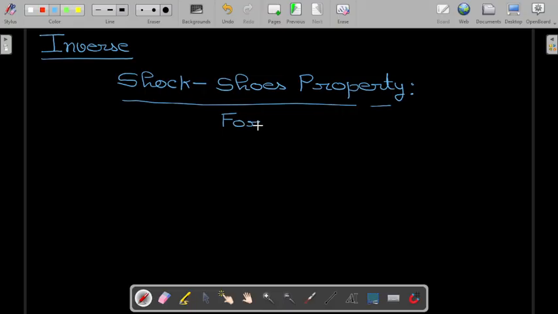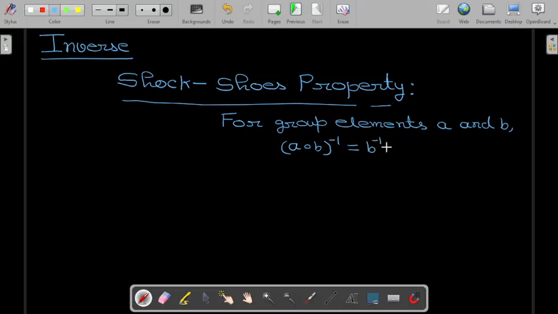For group elements A and B, the inverse of AB, A composition B inverse, is equal to B inverse composition A inverse.